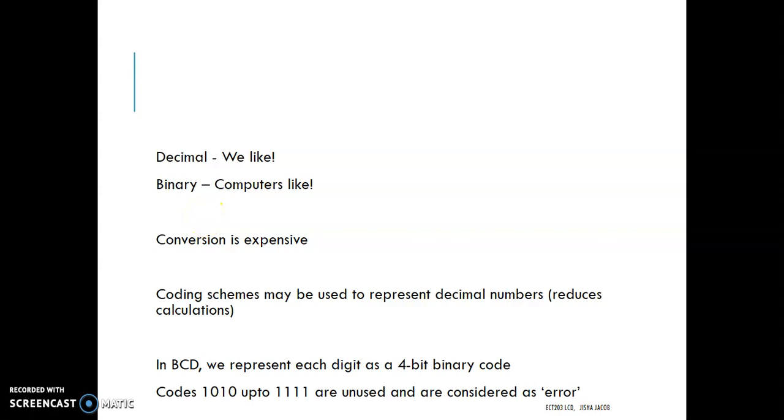So we have a sort of a conflict here and we can find some middle ground in BCD logic. What BCD does is, instead of going for converting from a binary number to a decimal or vice versa, which is actually an expensive process, let us represent each decimal digit by another code, that is the BCD code.